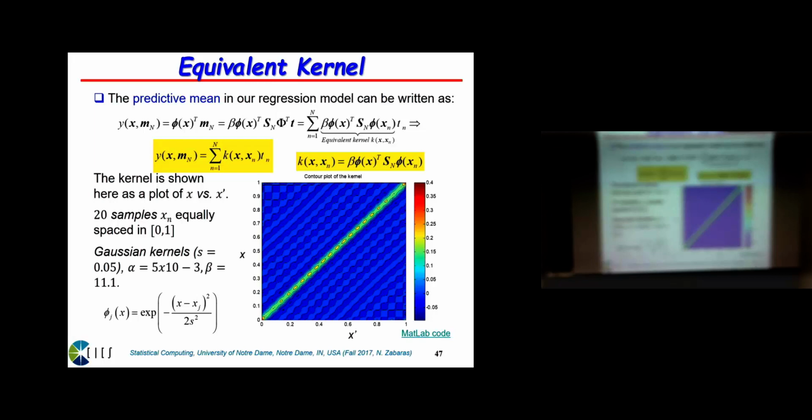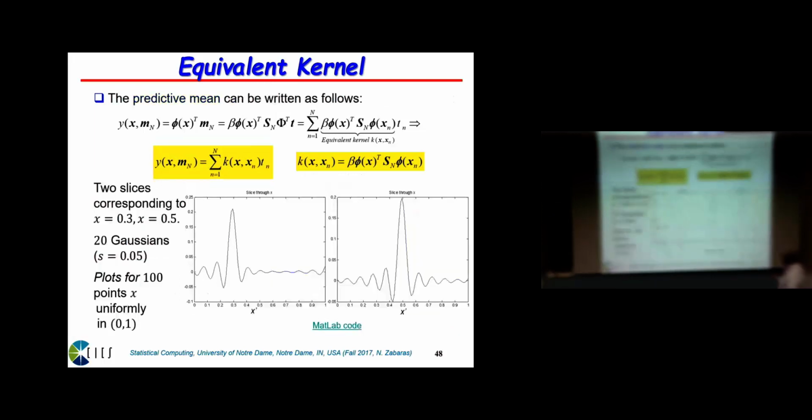So you put a lot of thought into how these kernels will look to best represent the response data, especially in high dimensions, okay? But right now, I call this the equivalent kernel representation of regression models, because effectively a regression model with basis functions can be written in this kernel form, but more importantly, this kernel form can be the starting point to do regression and practically every other task in machine learning.